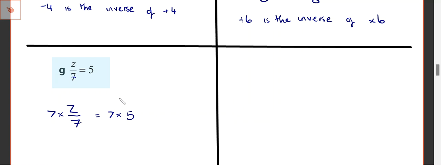Now that leaves me with, what is 7 times z divided by 7? I'm working on the left-hand side. What is 7 times z divided by 7?